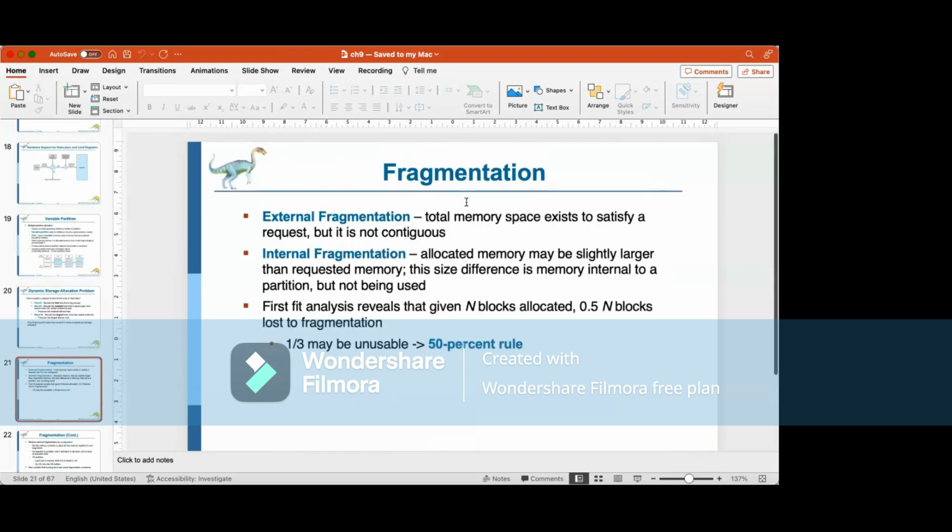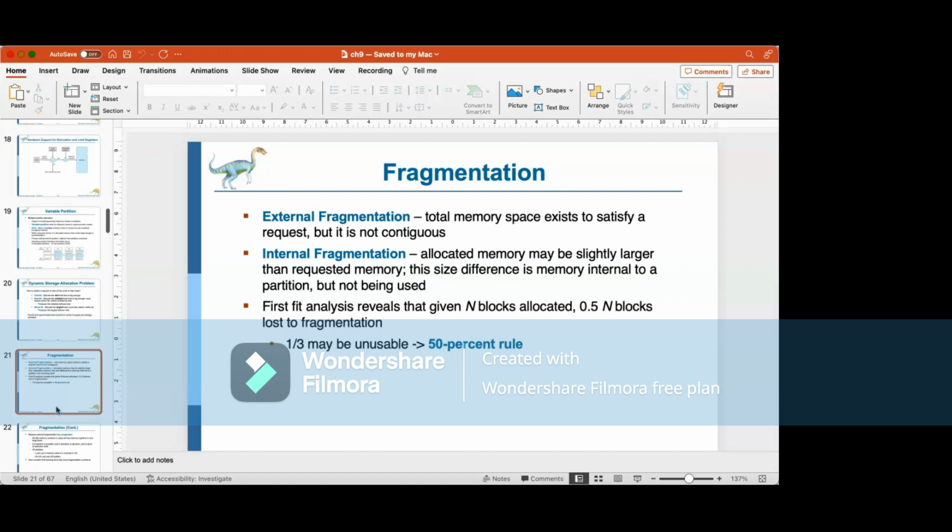External fragmentation: total memory space exists to satisfy a request, but it is not contiguous. Internal fragmentation: allocated memory may be slightly larger than requested memory. Suppose a 4 KB partition is there, but we have assigned only 3 KB. That 1 KB is left. That is internal fragmentation, generally formed in fixed size partitions.